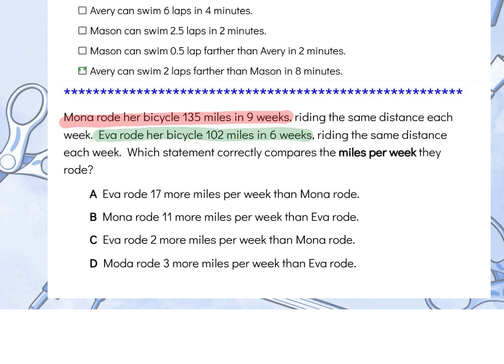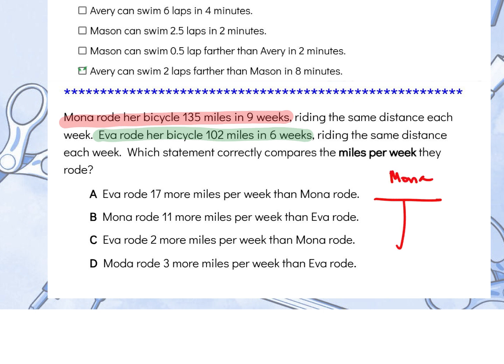So it looks like Mona rode her bike more miles, but the time lengths are not the same. So we can't just compare the number of miles that they rode. So we need to find that unit rate. So I'm actually going to make a little T-chart here for Mona, and I'm going to label it Mona.